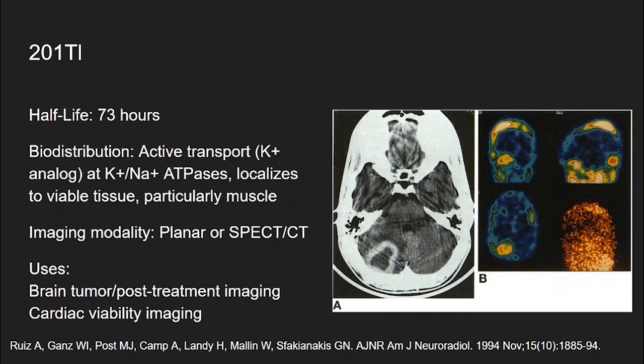The example in the figure on the right is that of thallium uptake in an AIDS patient with biopsy-proven right cerebellar lymphoma. You can see the ring-enhancing lesion in the right cerebellum, which avidly took up the radiotracer thallium, as can be seen in part B on the right.